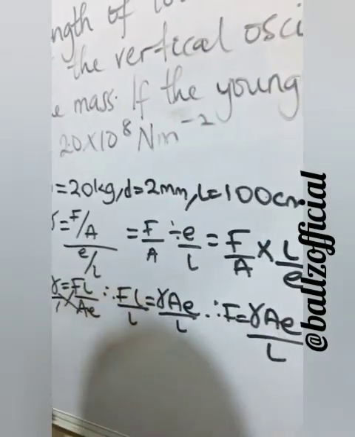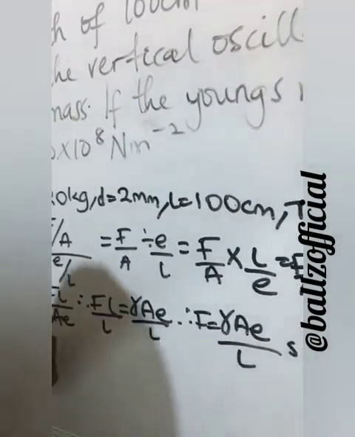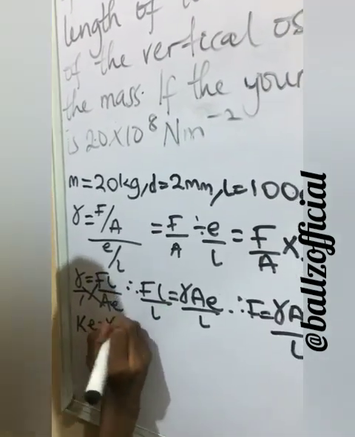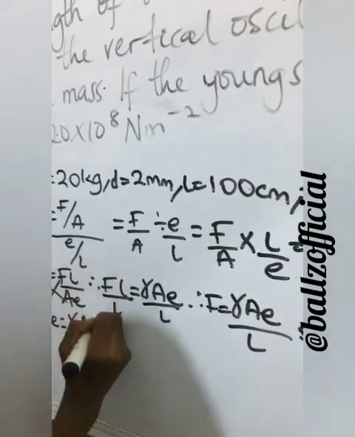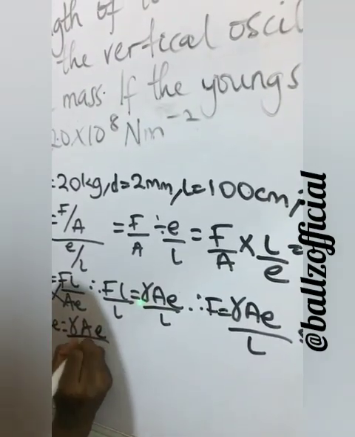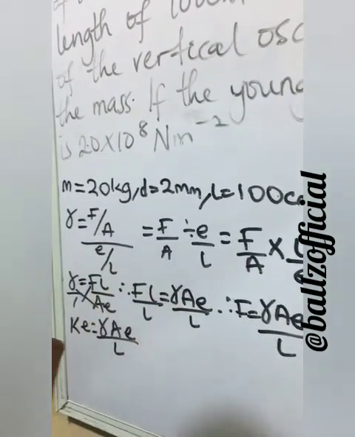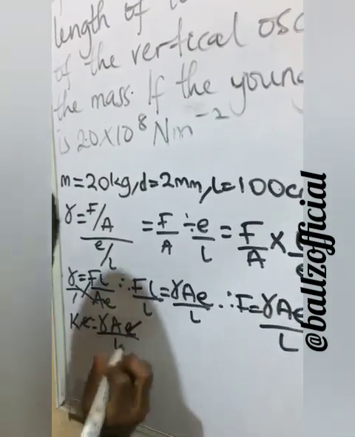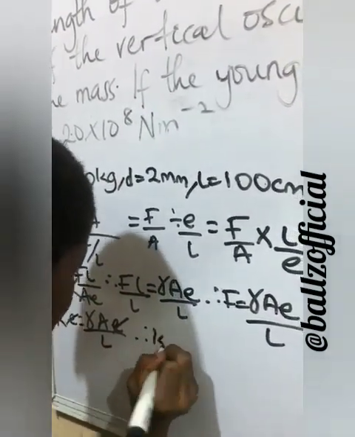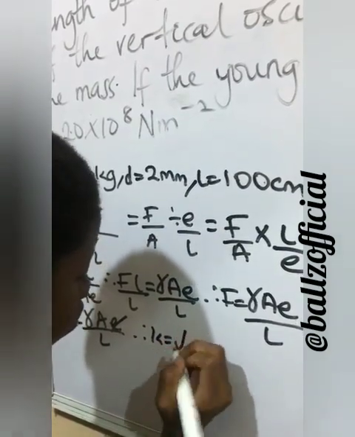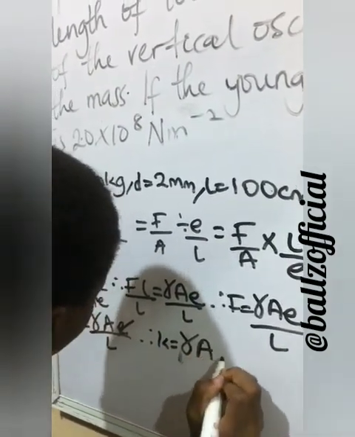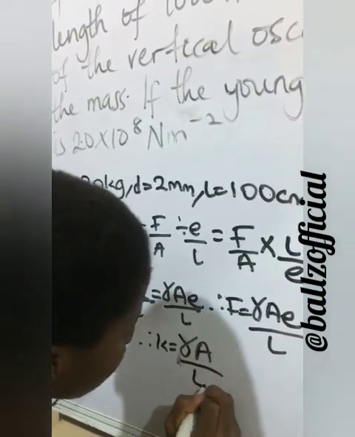So we substitute KE into F. Therefore, KE is equal to Young's modulus times area times extension all over L. So if we divide both sides by extension, the extension goes to extension here. Therefore, K is equal to Young's modulus times area all over L.